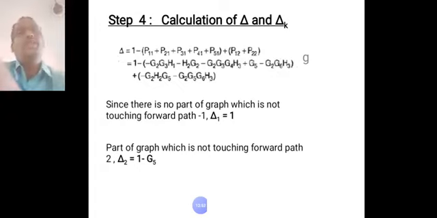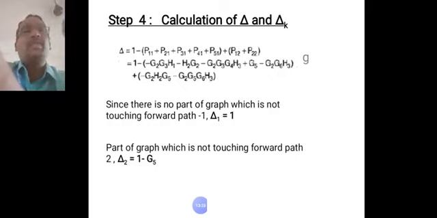Why are we going to calculate del 1 and del 2? Because the K value is 2. So we have to calculate del 1 and del 2. To calculate del 1, take the first forward path. In the first forward path all the parts of the graph are touching the first forward path. Therefore we take the value of del 1 equal to 1.